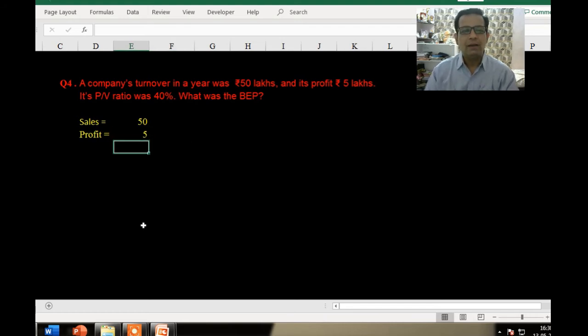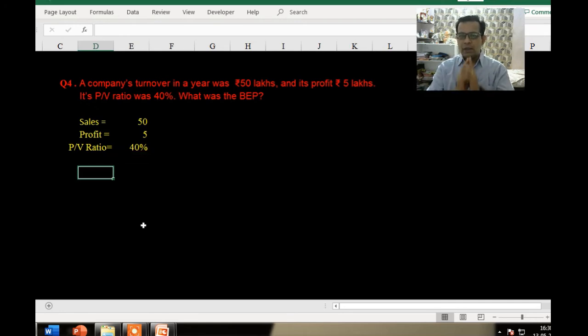They have also given us information about PV ratio, and the PV ratio is 40%. That's good information. Then we need to calculate BEP. In such a question, I always suggest first write the formula for what you need to calculate.